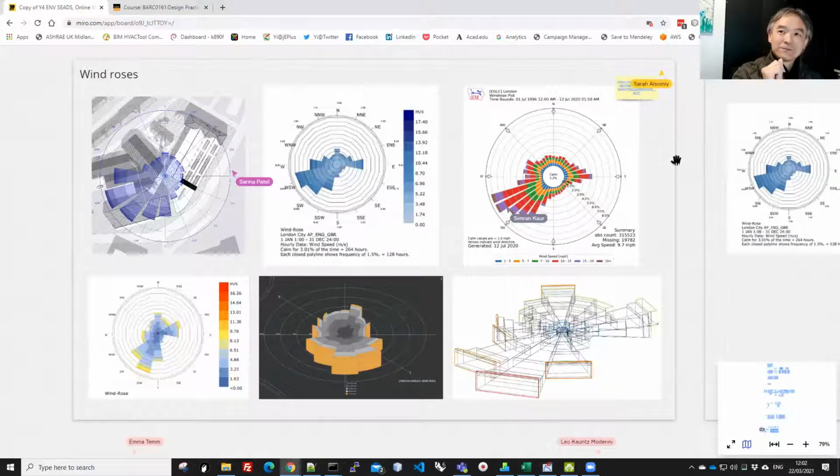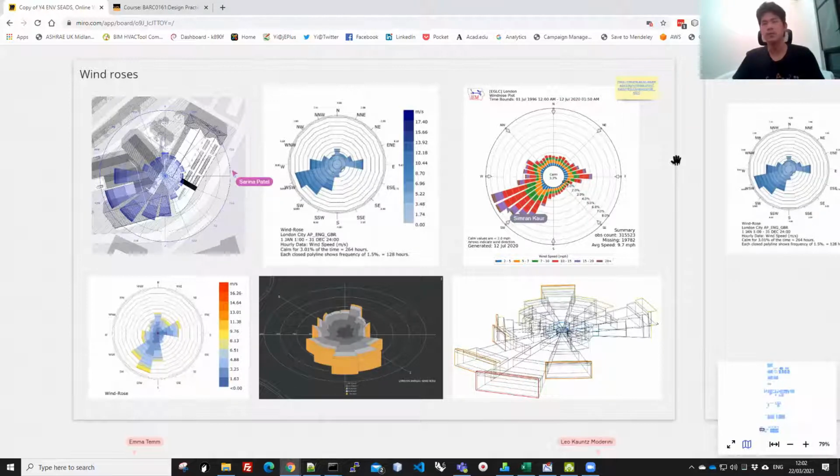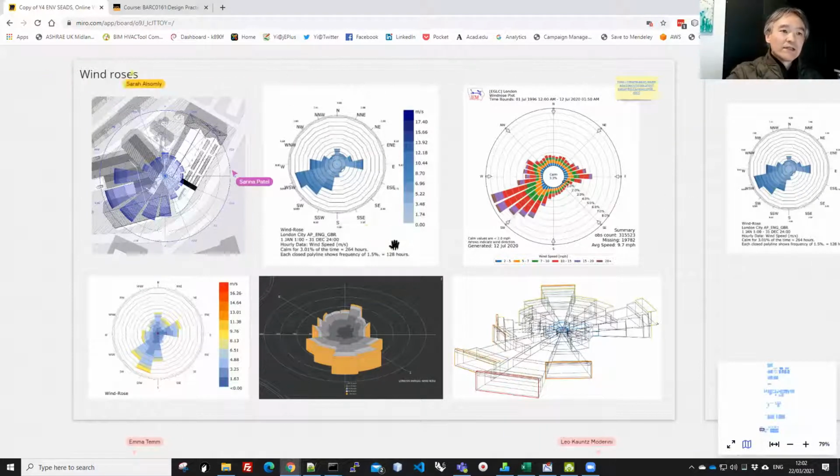But if you're putting windrose into your portfolio, doesn't that already mean that you're assuming that this site has this characteristic? If you put it over the building, you are saying the wind condition will apply to your site as if it were measured on site.